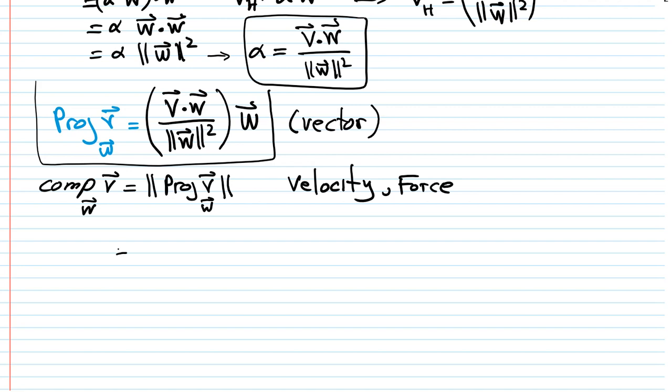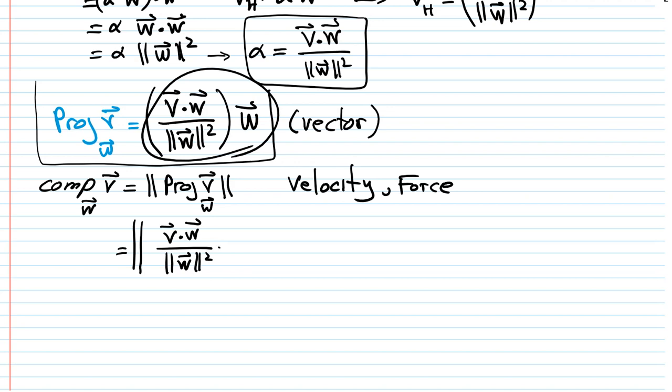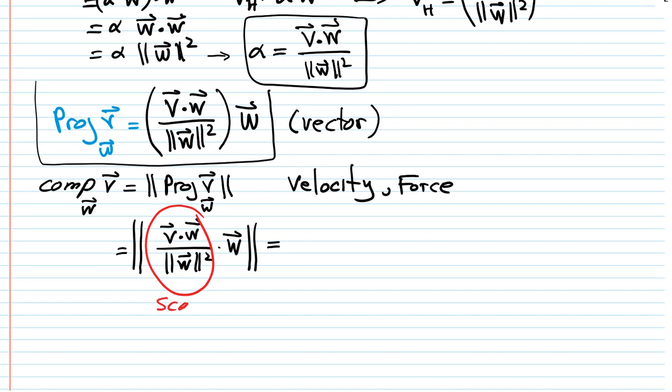Now, how do I find the component, which is the magnitude of the projection vector? Well, that would be the magnitude of this: v dot w over magnitude of w squared times w. Remember, this expression is a scalar, a constant.